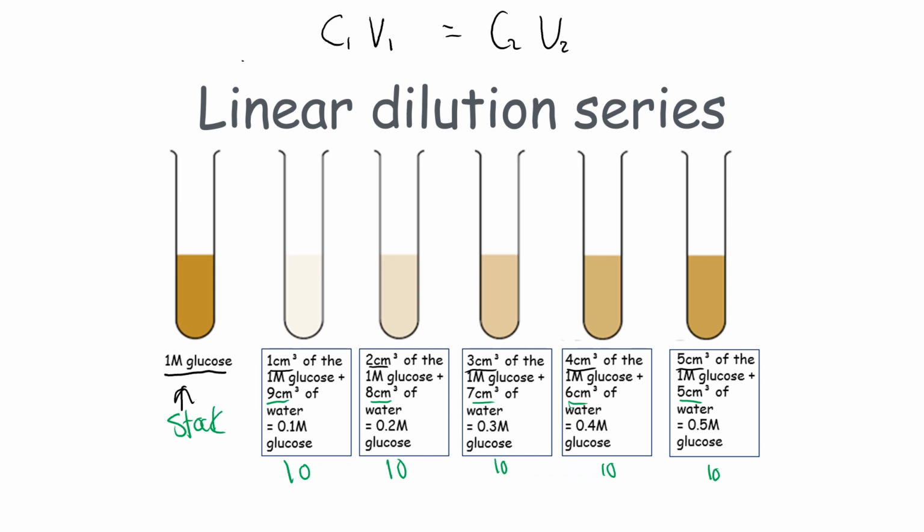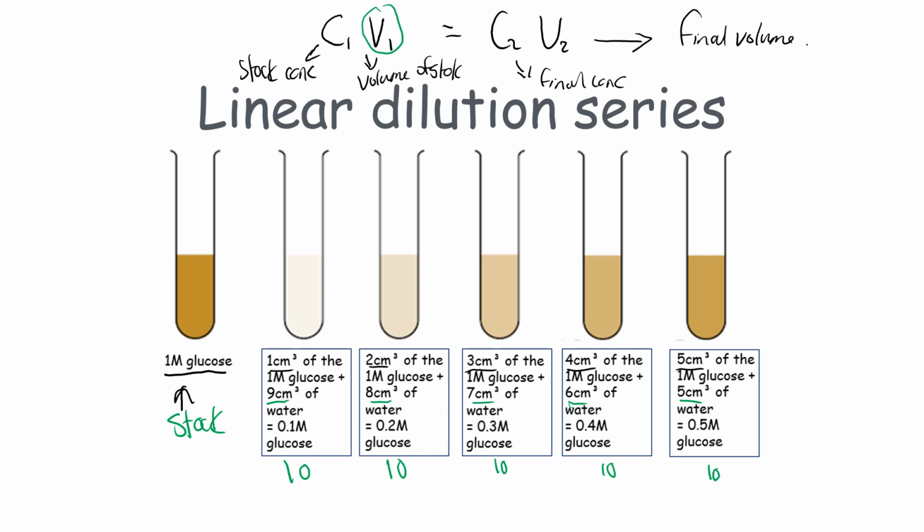Now C1 is your stock concentration, V1 is your volume of stock solution that you would need, C2 is your final concentration, and V2 is your final volume. So what you're usually trying to work out is how much volume of stock solution you are going to use.